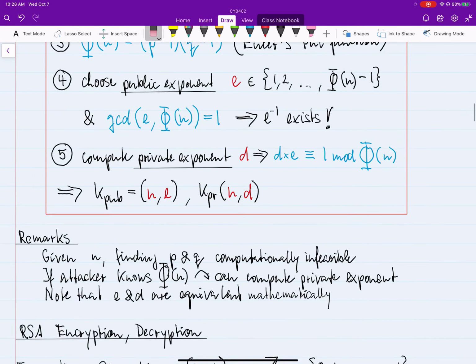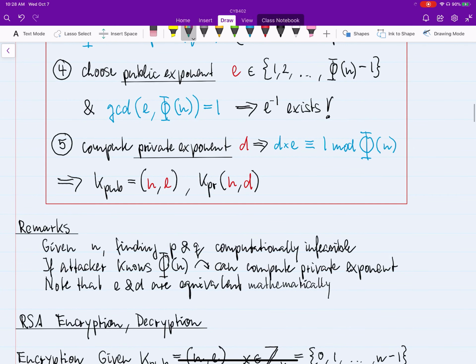So in the fifth and last step, we are going to compute the private exponent d, and d stands for decryption. So d is the inverse of E, which means that d times E is congruent 1 modulo phi of n.